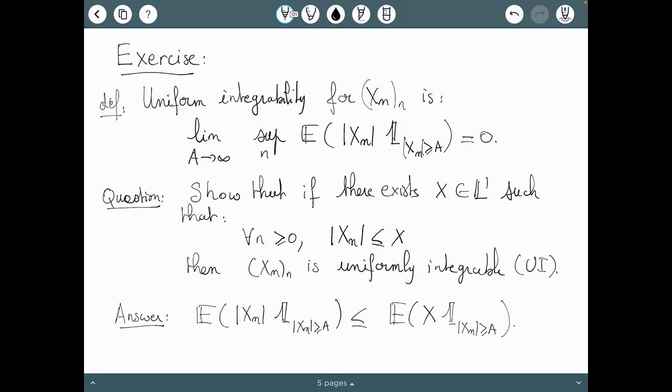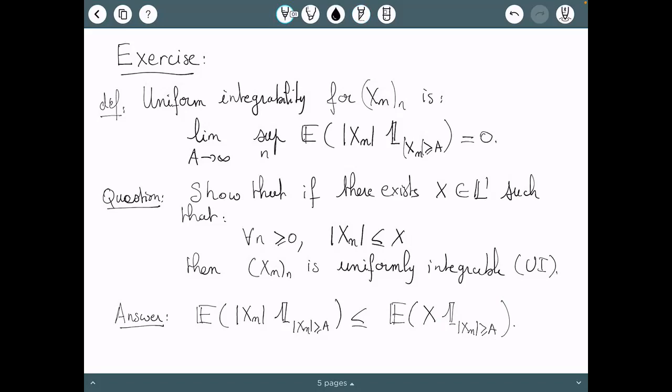Okay, but what do you do of this guy, this indicator function? Well, I believe we can replace this indicator function by the whole. Not the whole, but let me think. Okay, I agree that this indicator function is bounded by 1, but if you replace it directly by 1, it will not go to 0. I see. I believe we can replace it with indicator function of x instead of xn, isn't it?